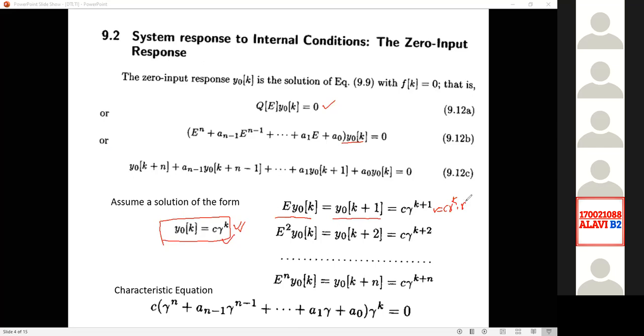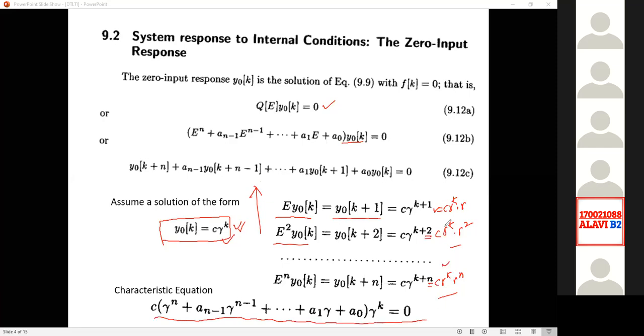Yes, sir. If we operate it twice, then this should be equal to C gamma power k into gamma square, isn't it? Yes, sir. In this way, this would be equal to C gamma power k gamma n. So you put all of this into the equation and rearrange it.